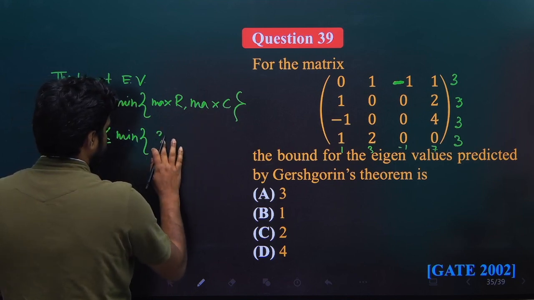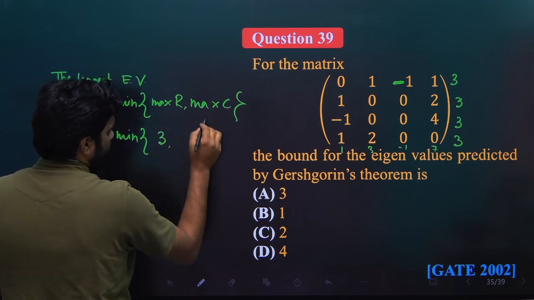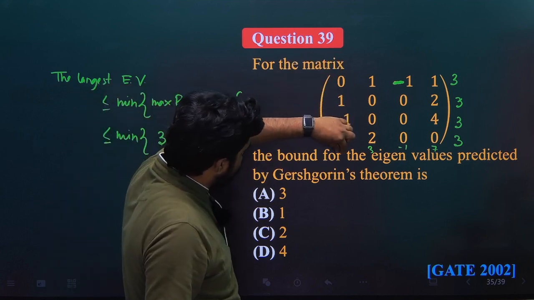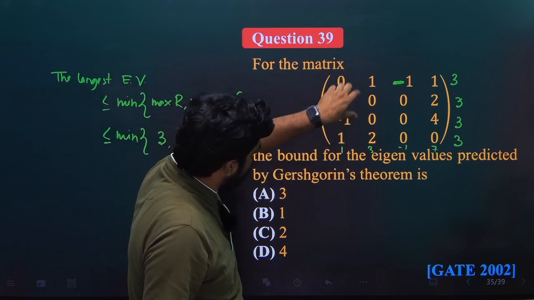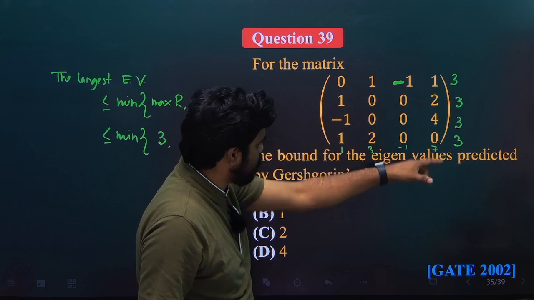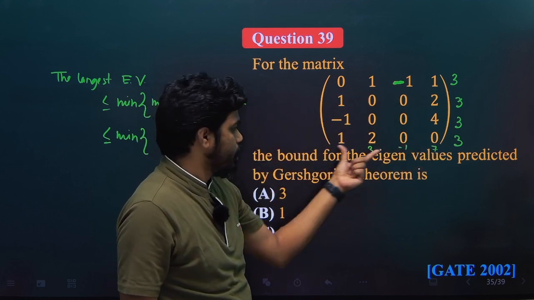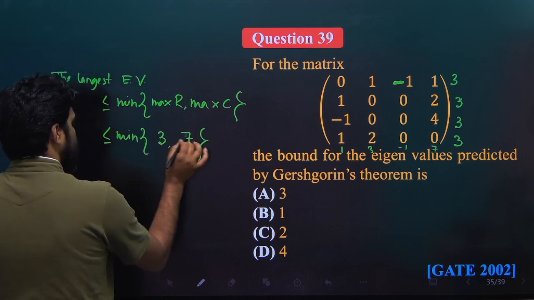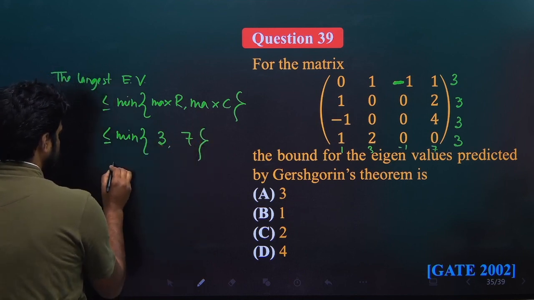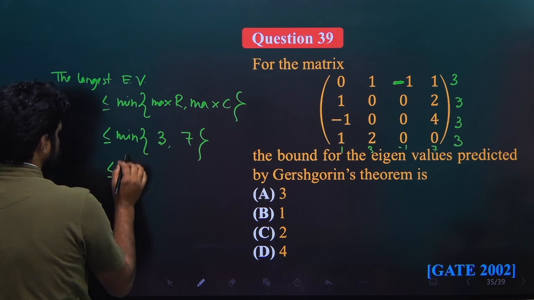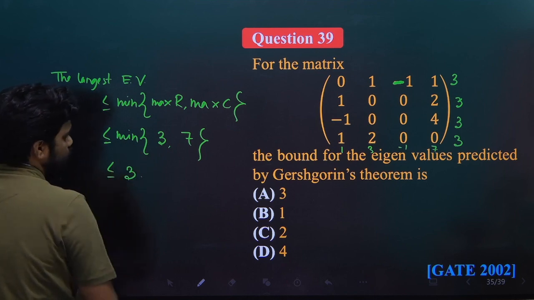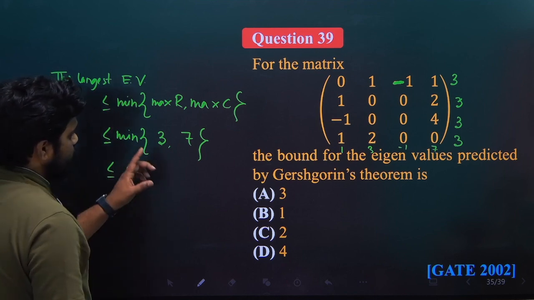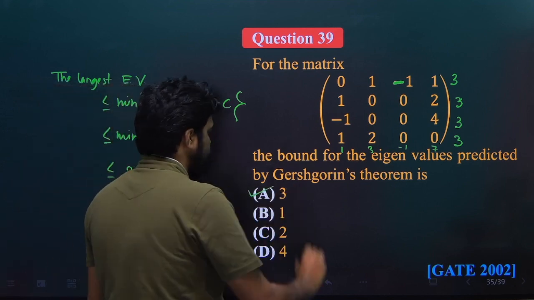For max C, the maximum value when adding the columns: we get 3, 3, and 7, so the maximum is 7. Between these two, the minimum is 3, so the largest eigenvalue is less than or equal to 3. That is, option A is the correct answer.